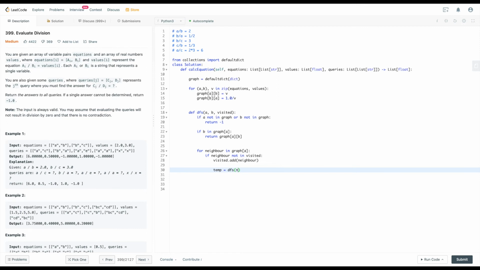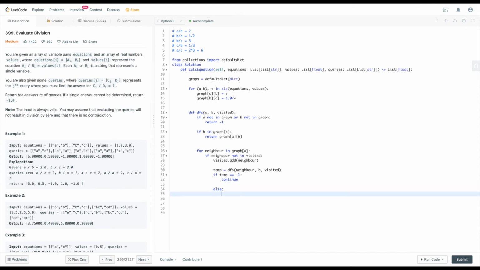The source would be the neighbor now. Destination would still be B, and then we pass in our visited set. And then if temp equals -1, then we just continue. It means that path is not valid. We don't need to search any further.